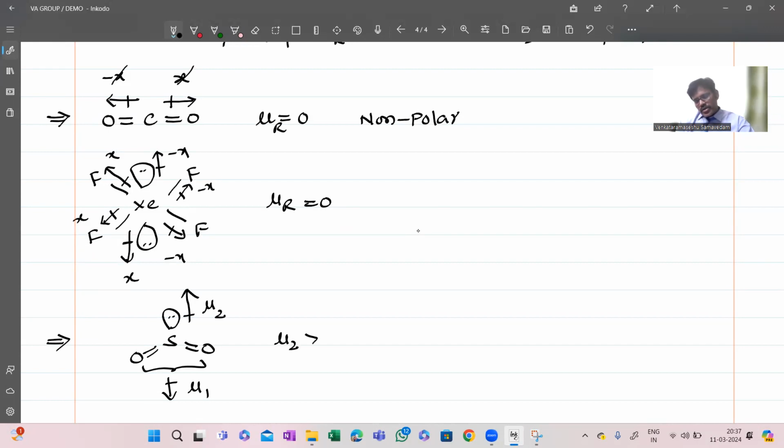Here mu2 is greater than mu1, so the molecule is said to be polar. That means the polarity caused by the lone pair is more than the polarity caused by the bond pairs. Then the molecules are polar molecules. When the molecule is polar, it is said to be a permanent dipole.